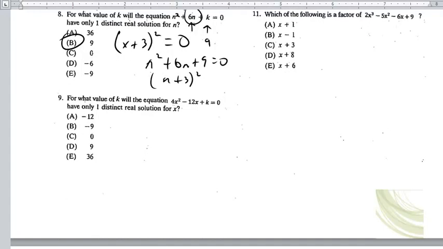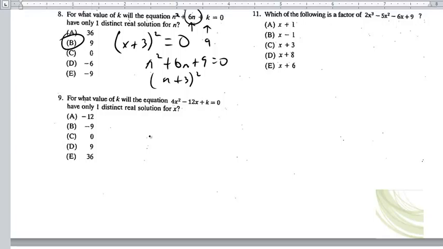Okay, so number 9 is somewhat similar to number 8. But it's a little more complicated because now you have a leading coefficient of 4 in front there, and I think that makes it kind of challenging. But here's the deal: it's the same idea in that it's going to be the same term quantity squared.